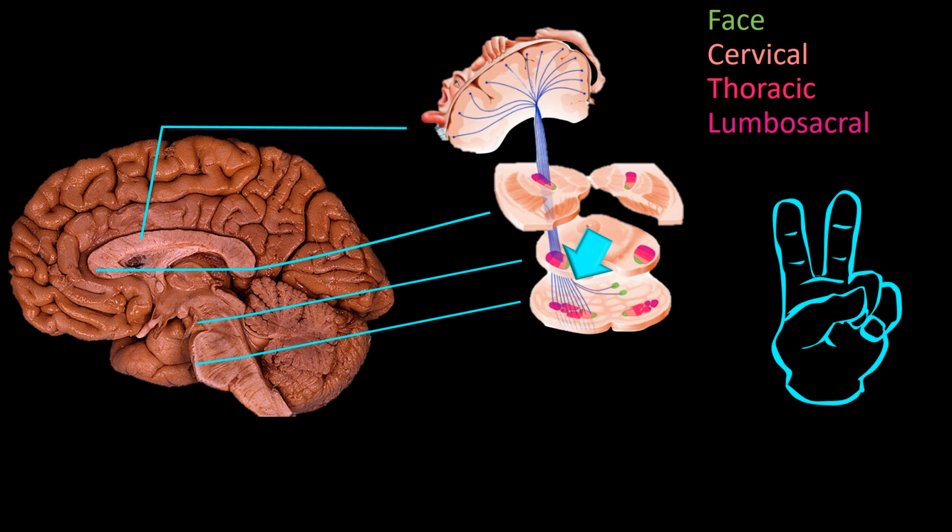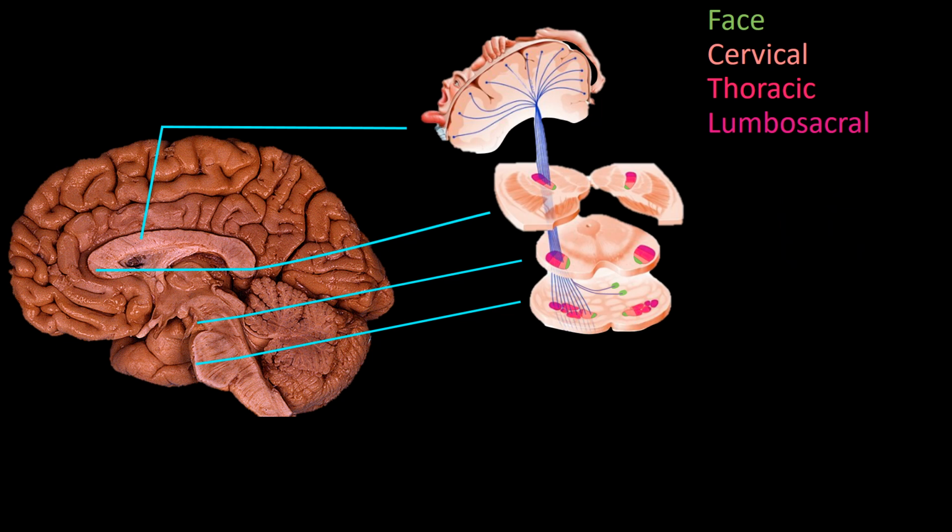Also notice that the fibers of these nuclei leave the pyramidal tract way above the level of said nuclei, and that only those fibers destined for the tongue remain within the pyramidal tract at the level of the pons.